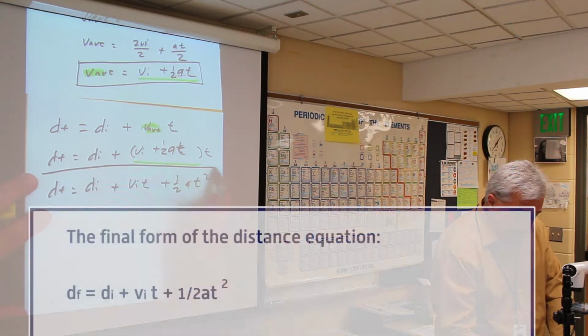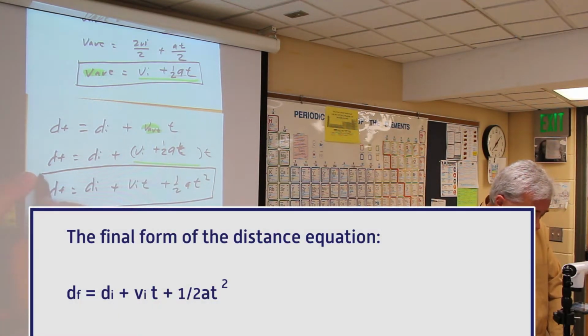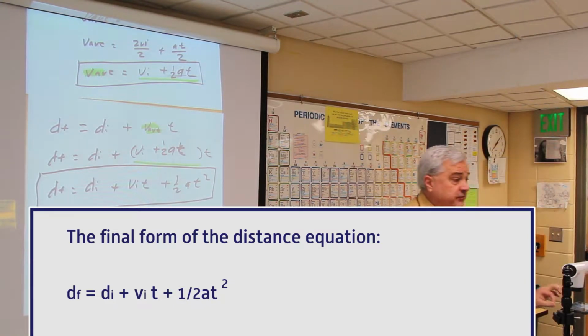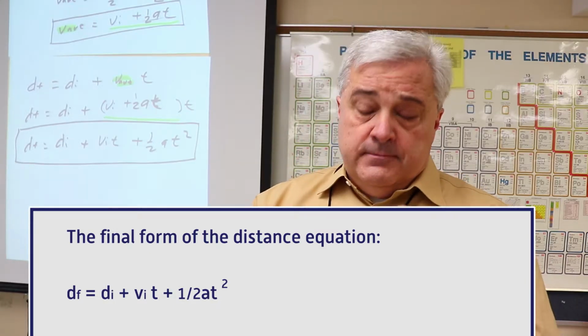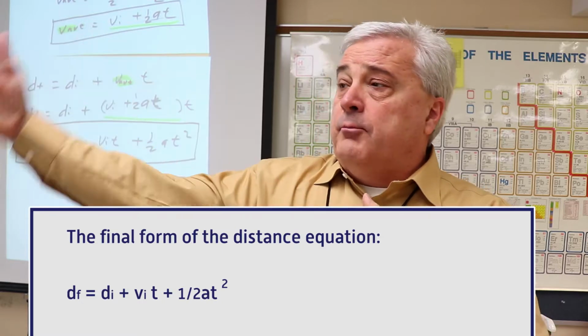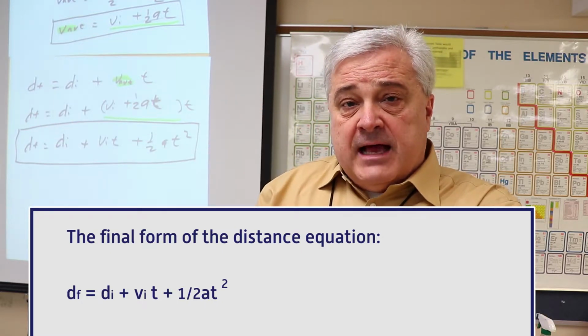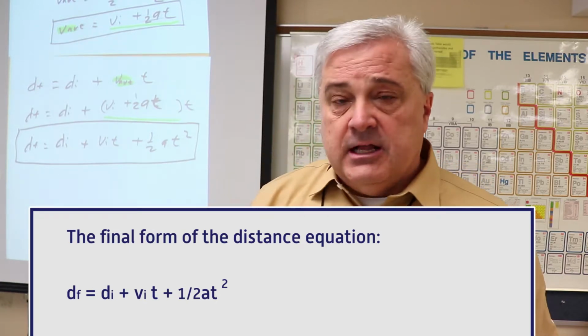And this now becomes our position or distance equation that accounts for not only the object being some reference distance from the reference point, but also moving with an initial velocity and accelerating.